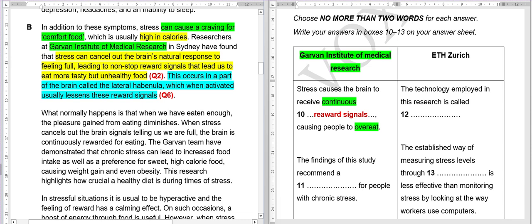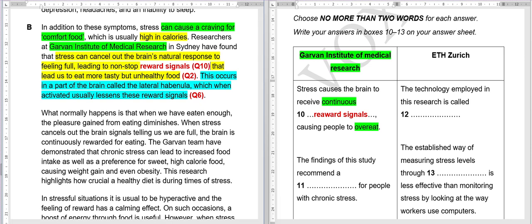So let me mark the answer here first. Okay. So why is it reward signals?